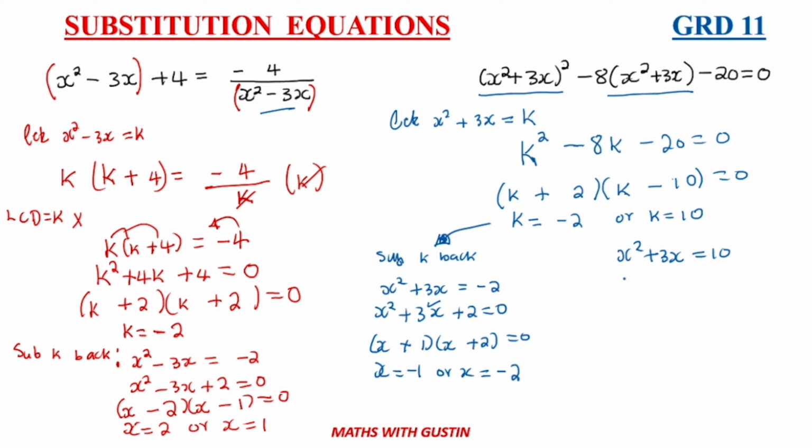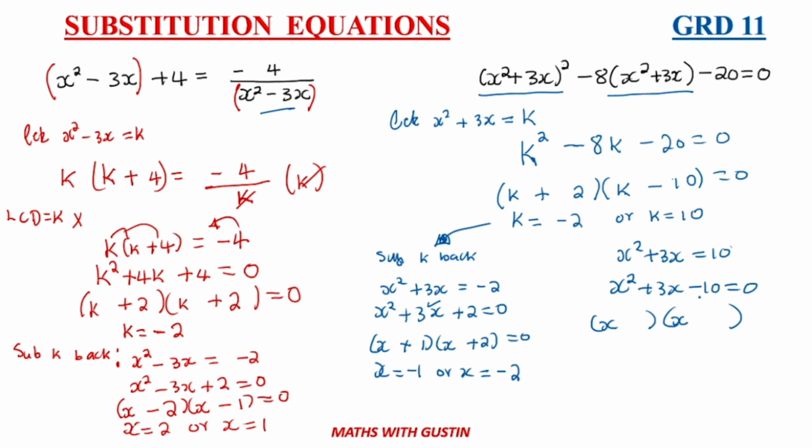All right, similarly on this side it is going to be x squared plus 3x equals 10. Then we bring 10 to the left hand side, -10. It changes the sign. Therefore x here and then x there. I think I'm moving a little bit fast. I hope you guys are following. If you're not following, please leave a comment on the comment section below. I'll try to slow down.